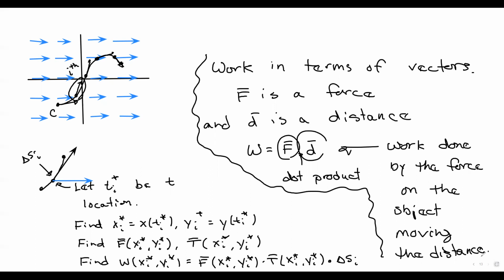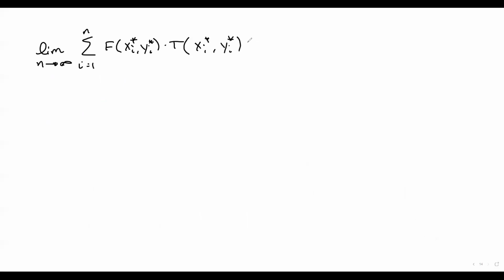Okay, so from there, you can just throw a summation on, from i equals 1 to n, the limit as n goes to infinity, and then we've got our force at x sub i star, y sub i star, dotted with the unit tangent at x sub i star, y sub i star, times change in s sub i, and then this turns into the integral over the curve of F dotted with T ds.